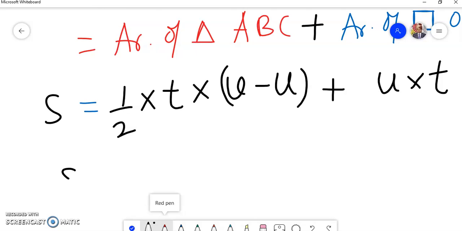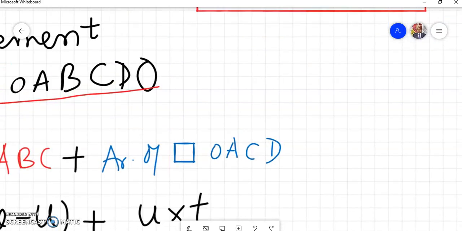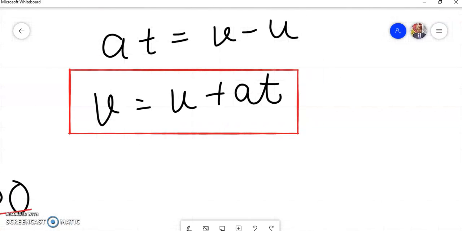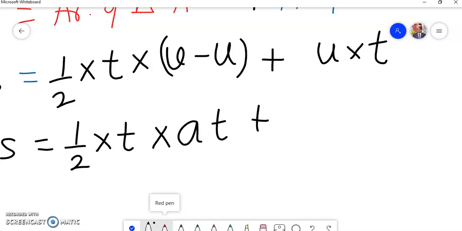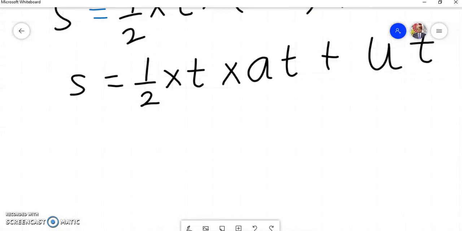Therefore S is equal to half, and dear students, just remember you have written the value of V minus U. Let me show you that V minus U is what? It is at. Therefore this is half at into T plus U into T. Now if you simplify, you will get the value.